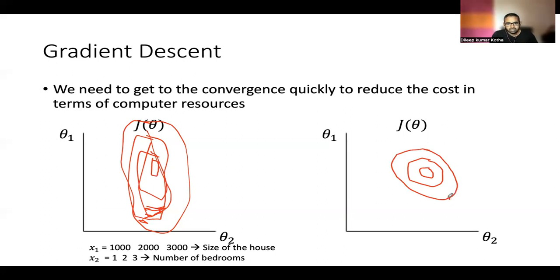And suppose you start at a point here, you can quickly go for convergence. So it is important, in gradient descent or any other machine learning algorithm you will see in later videos, to scale down the variables in the test data such that all of them are in a similar range.